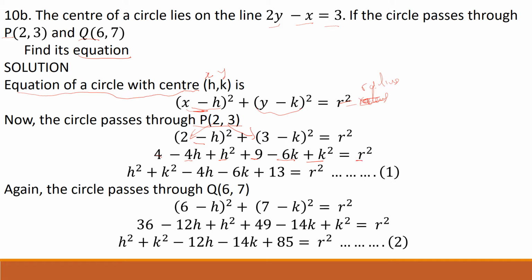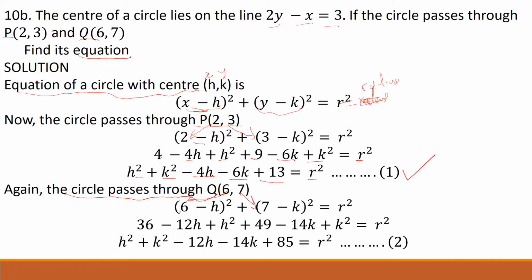So we have h squared plus k squared minus 4h, minus 6k, plus 13 equals r squared as our first equation. Now the same circle passes through point Q, and this is our x and this is our y.